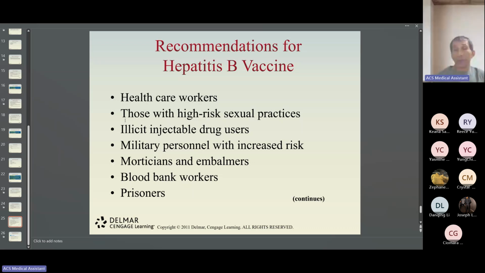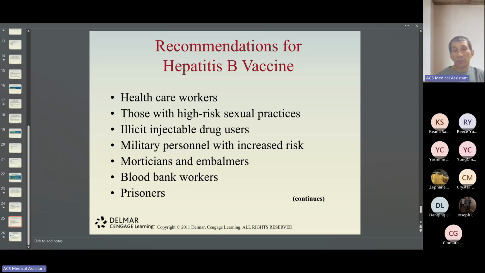Because it's very important that we are vaccinated for that, because hepatitis B is very easily transmitted. So we're going to protect ourselves. Anyone who is at higher risk, and we in the medical field are at higher risk because we're going to be exposed to blood. So that's basically what it is.